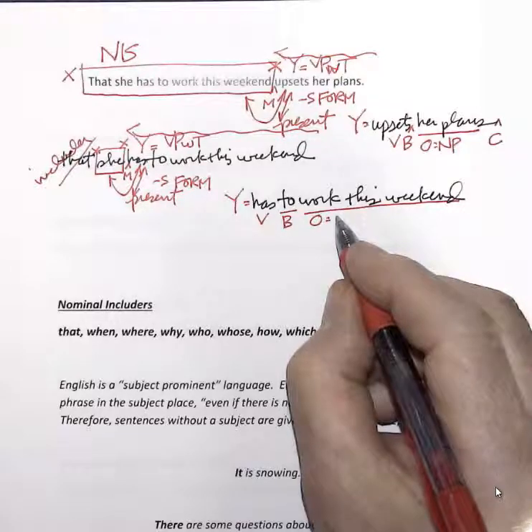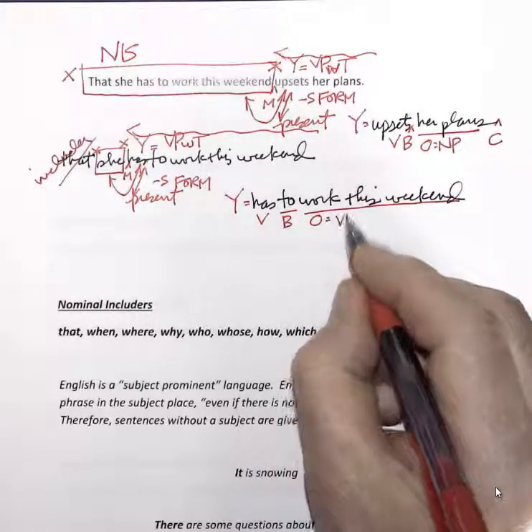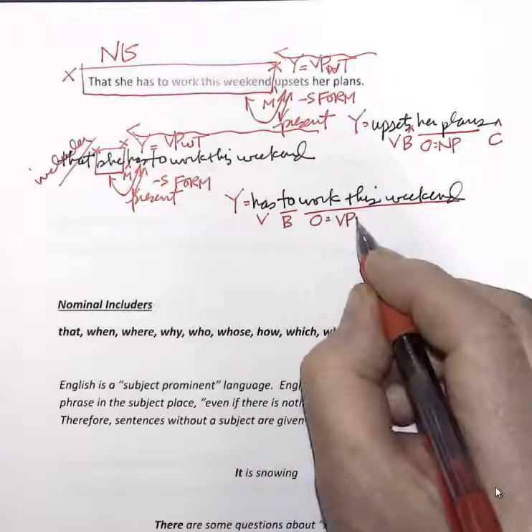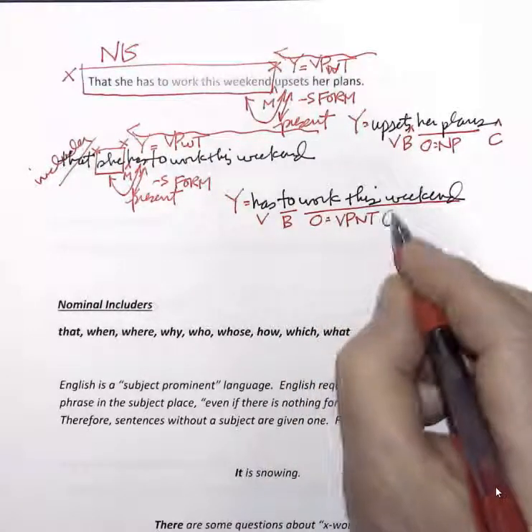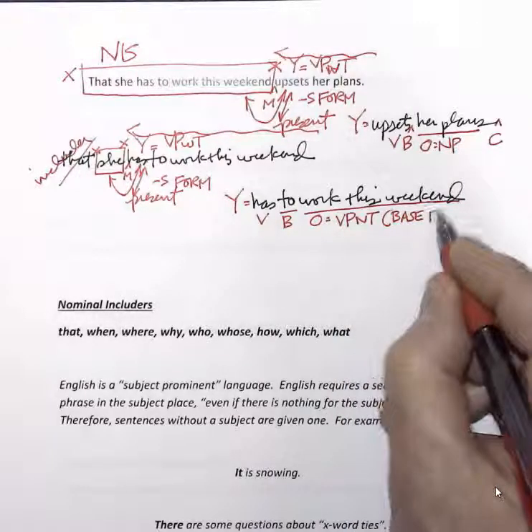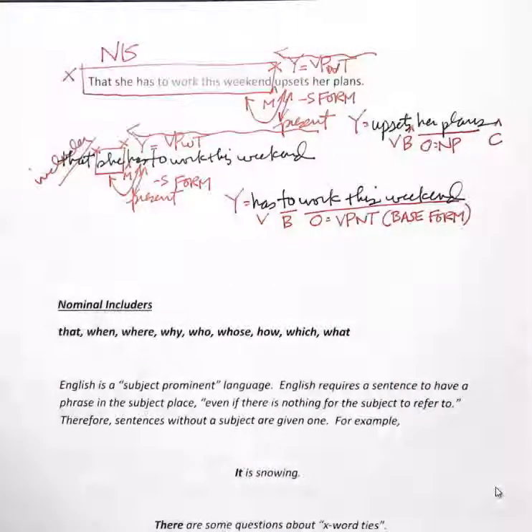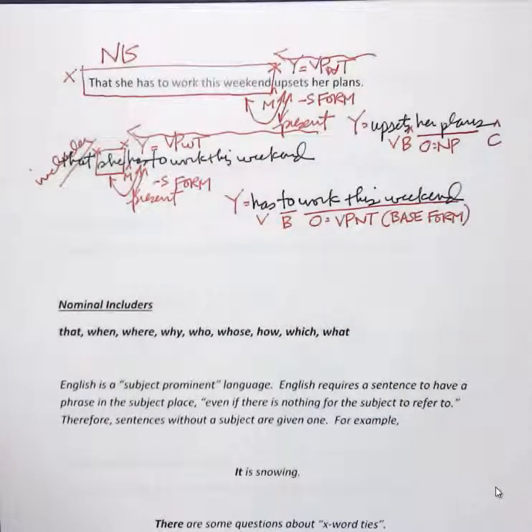And this is a verb phrase. No time. Base form. Okay, there we go. So if you want to stop for a minute and talk about it, that's fine. If you don't, we can continue.